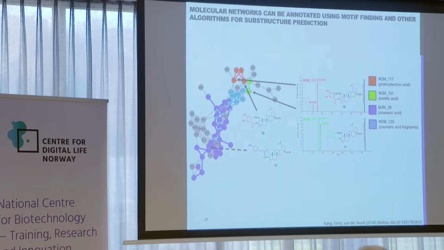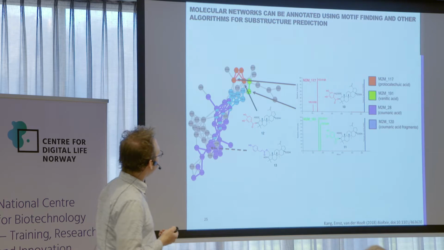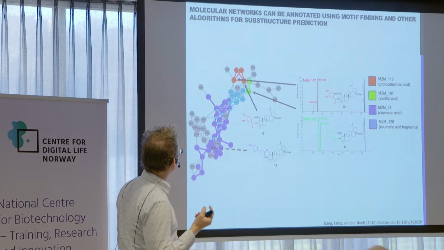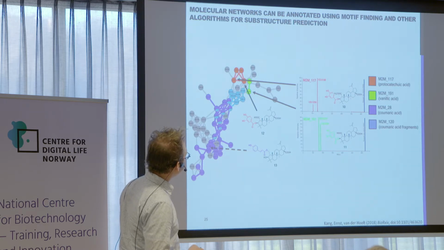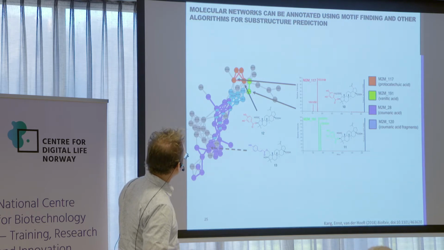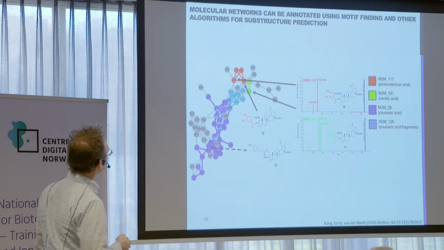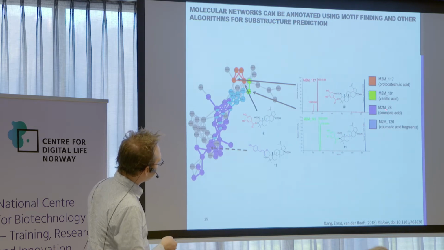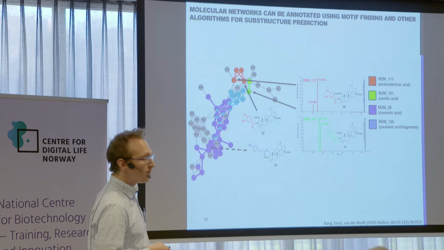A key step in this technology is, of course, that you need to really annotate these networks to identify these chemical features. And for example, Justin in my group has been working with Kyo-Min Kang and Madeleine Ernst from Pieter Dorrestein's lab on a new method that takes molecular networks and uses motifs, specific motifs that are linked to specific substructures in those molecules.